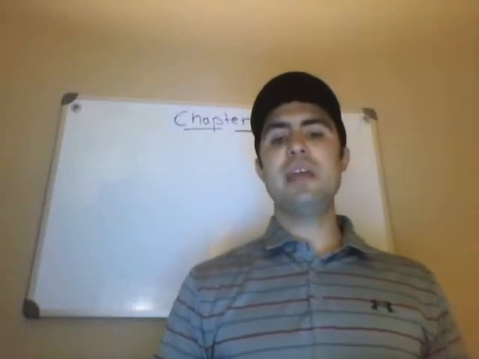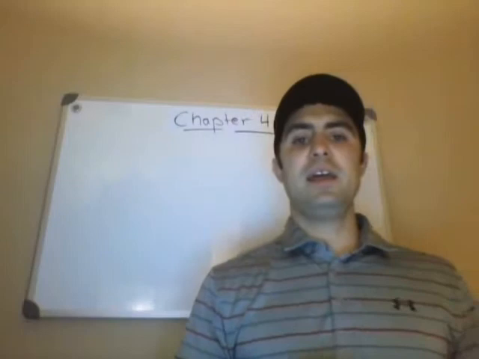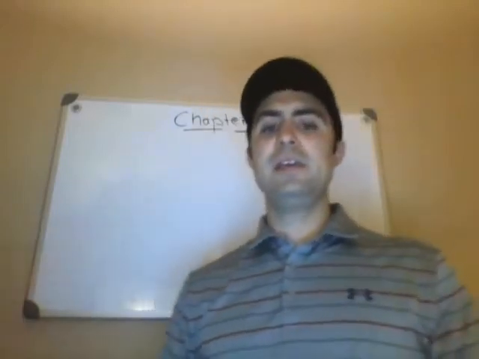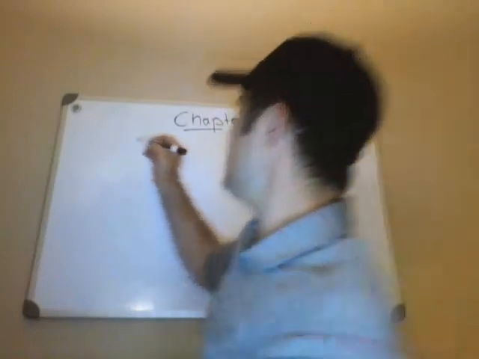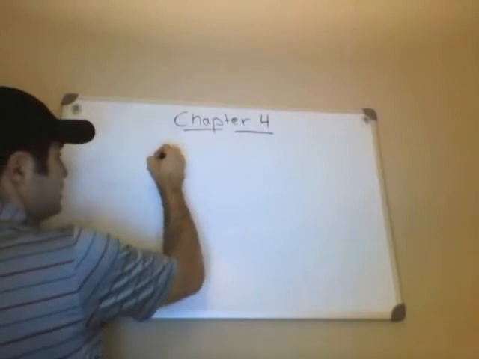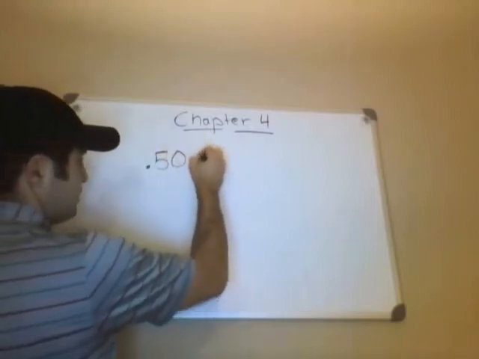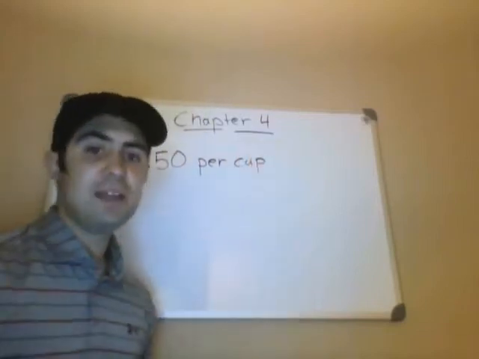He sold his lemonade for 50 cents a cup. At the end of the day, he made $22.50. So, if he sold his lemonade for 50 cents a cup, that's our rate.